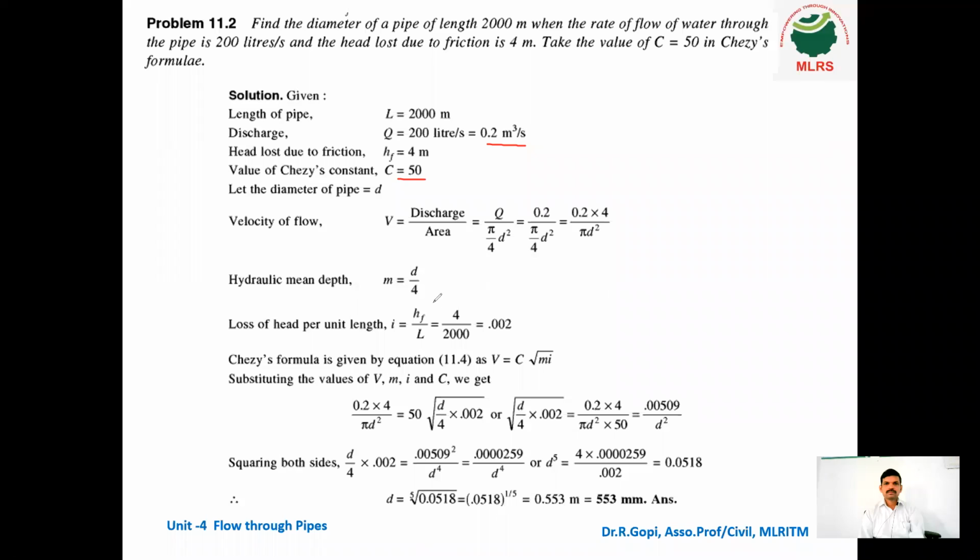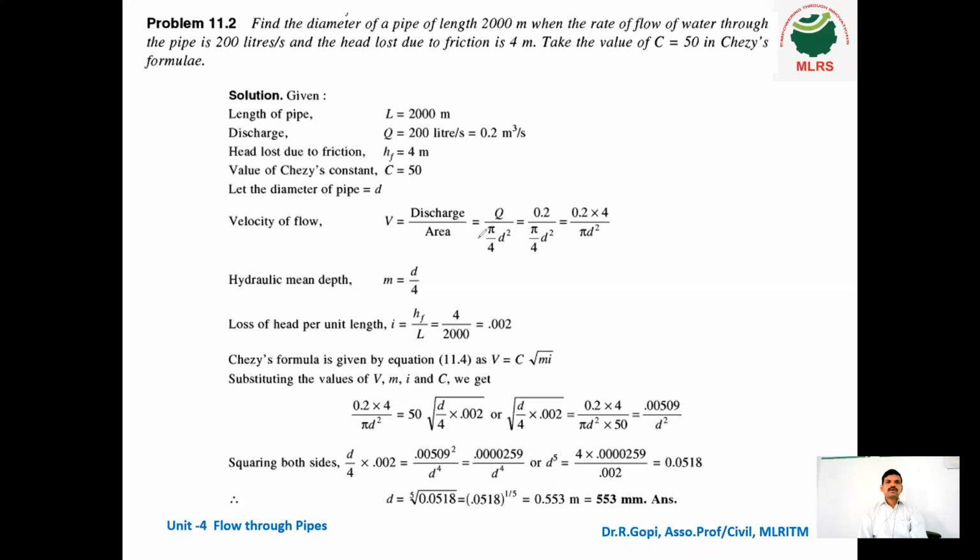Velocity of flow V is equal to discharge divided by area. We don't want the discharge, we need only velocity.